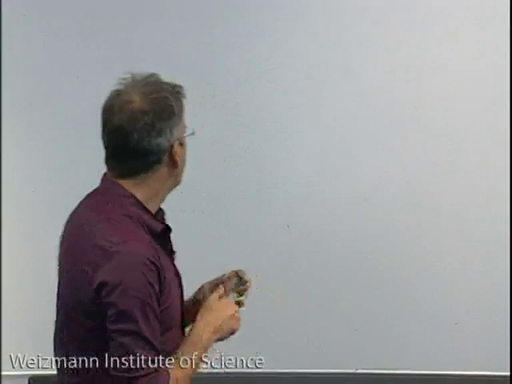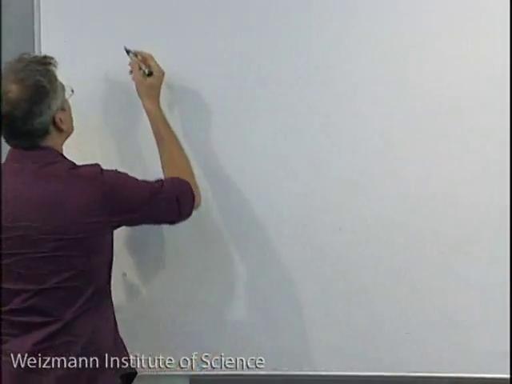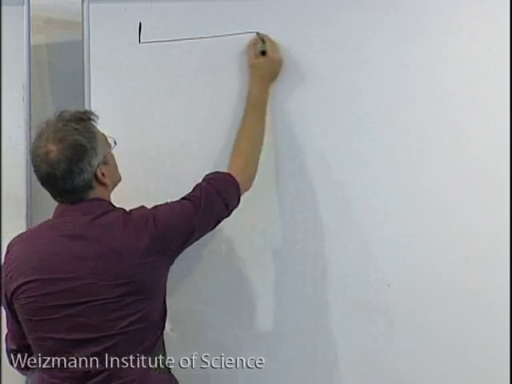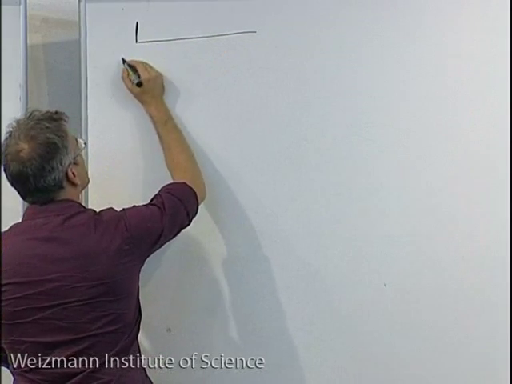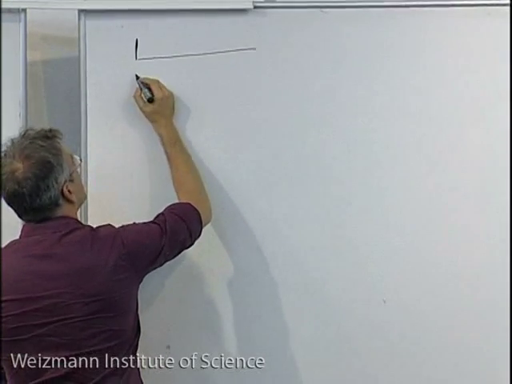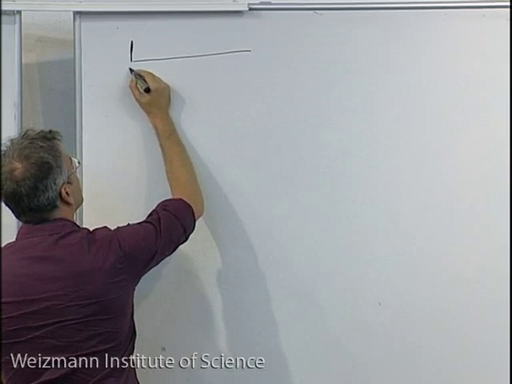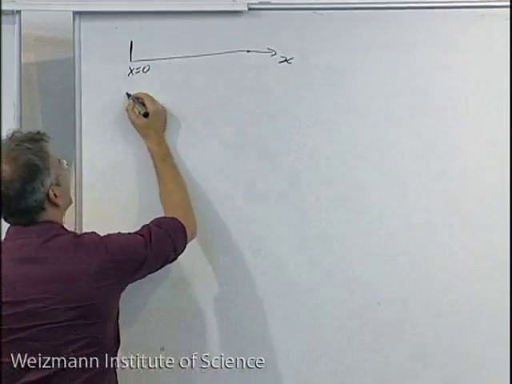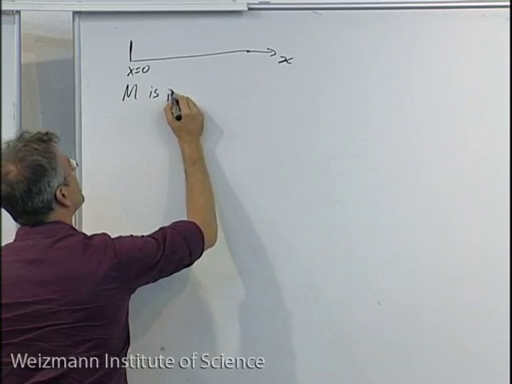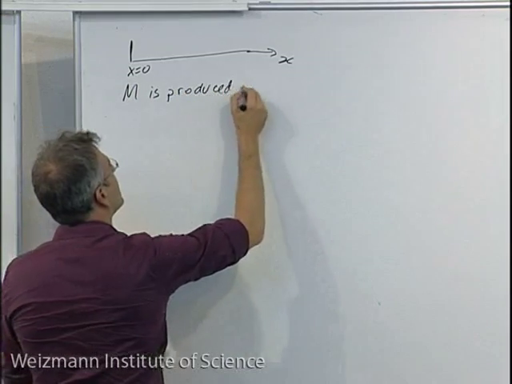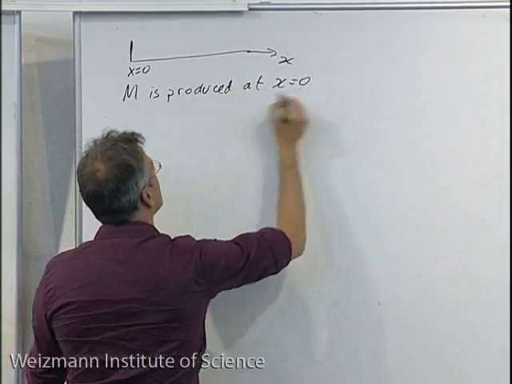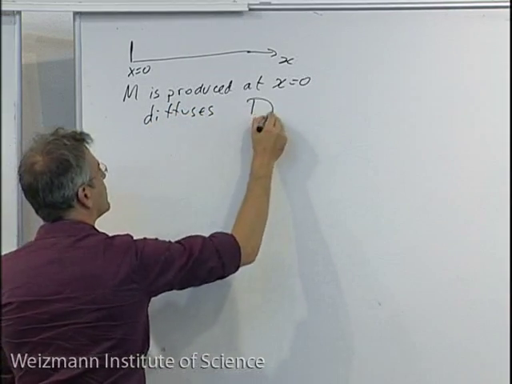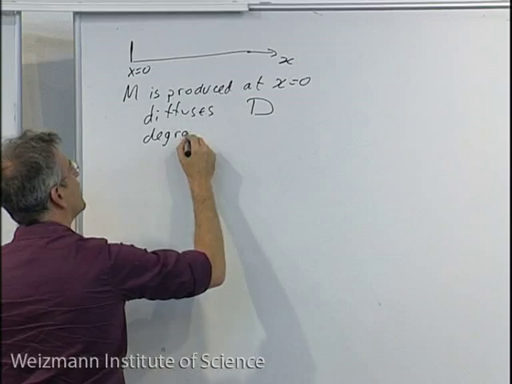So last time we discussed, just as a review, a situation where the morphogen is produced at one position, x equals 0, and diffuses with a diffusion constant d, and is degraded.